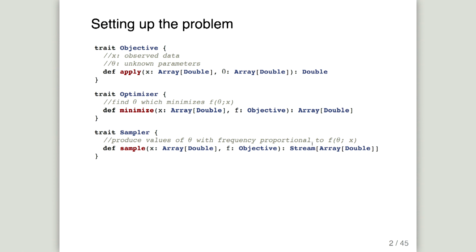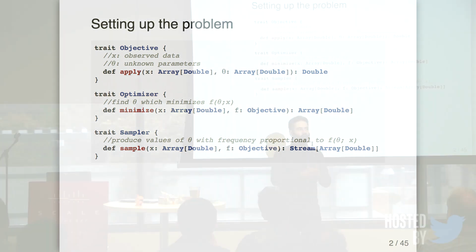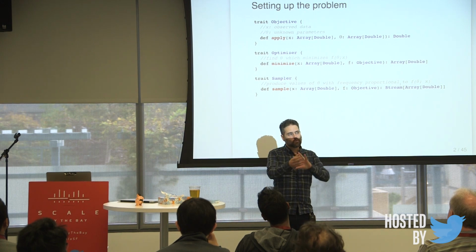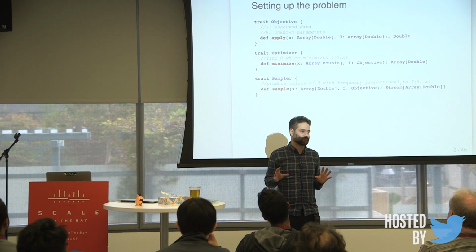There's a closely related thing you might want to do, which is a sampler. A sampler is not trying to find a single best value of the parameters. A sampler is admitting that we have uncertainty here and is saying, I want to give you a bunch of parameter vectors, but I want to give them to you proportionally to the objective function.